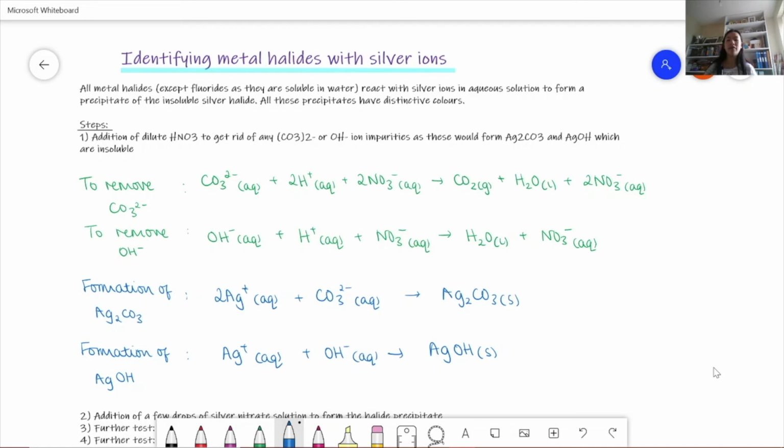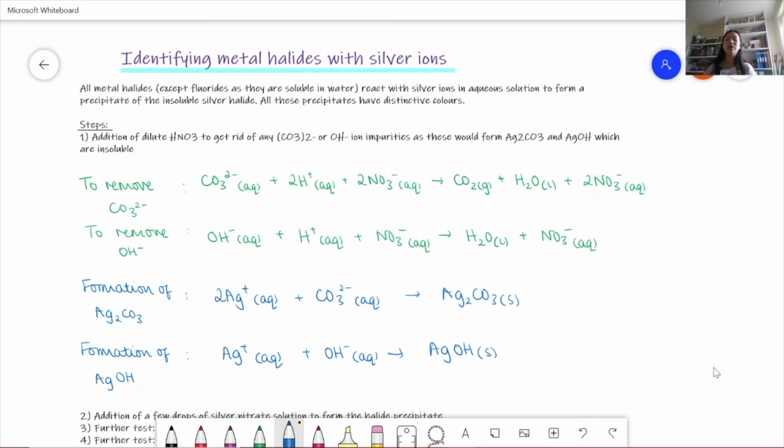So here we have the 4 equations. The first equation is when we're removing the carbonates by adding the nitric acid. You can see the carbonate ion reacts with the H+ ions to form carbon dioxide, water, and 2 nitrate ions. The nitrate ions in this reaction are the spectator ions because they don't do anything.